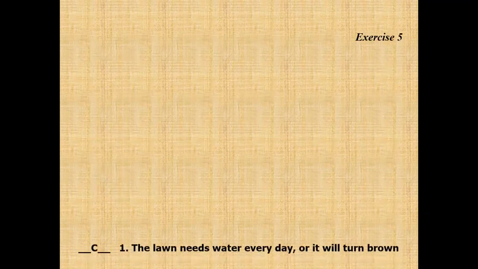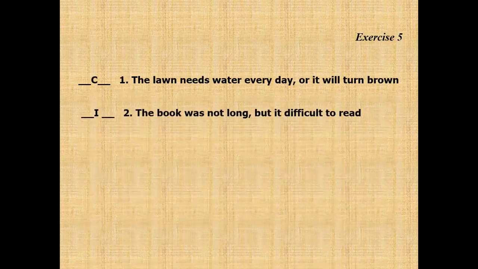Now look at this exercise. Number 1, the lawn needs water every day, or it will turn brown. The lawn is the subject, needs is a verb, there is a comma, and after that there is a coordinate connector or, and then another subject, it, and another verb, will. And then number 2, it's incorrect. Why? Look at this explanation.